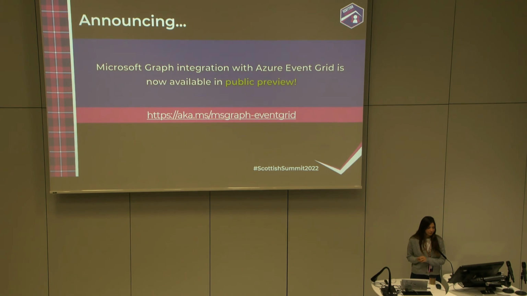I believe it will be quite important when it's in GA, but it was announced three days ago that it's in public preview. If you're interested, you can also check out this URL to get more information on how you can connect with Event Grid. Unfortunately, we don't have any documentation yet around it. Probably it's going to be the first thing that we will work on as a team.